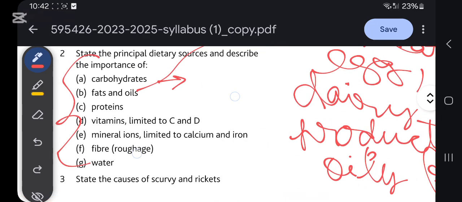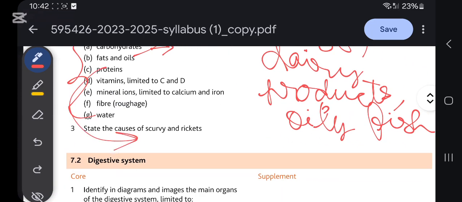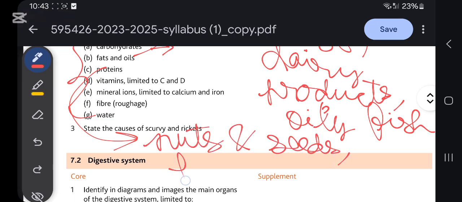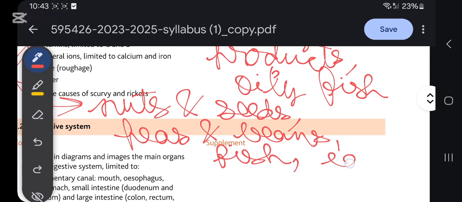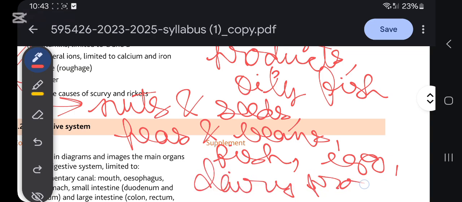And then proteins you can get from nuts and seeds, peas and beans, and also from fish, egg, and also dairy products. Okay, so you have to memorize this.